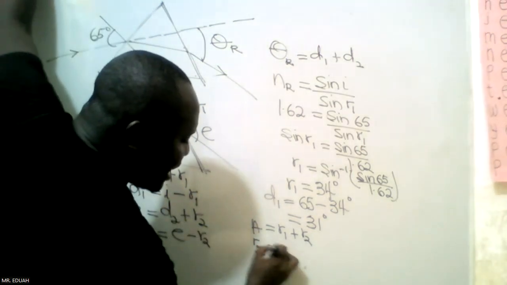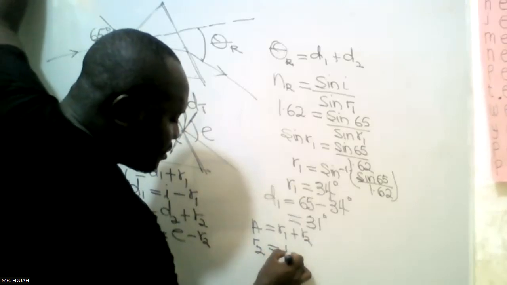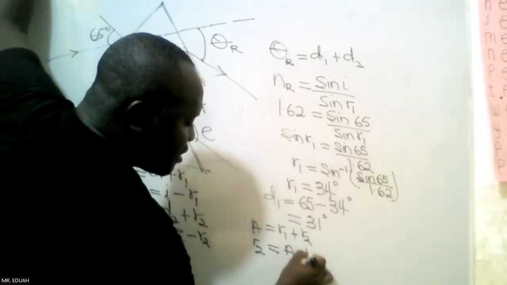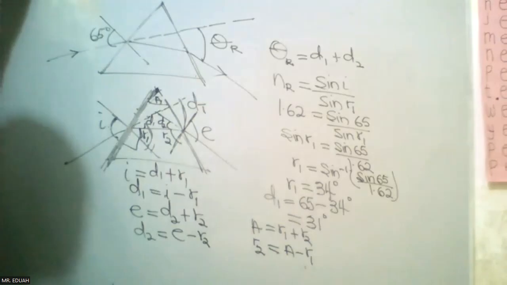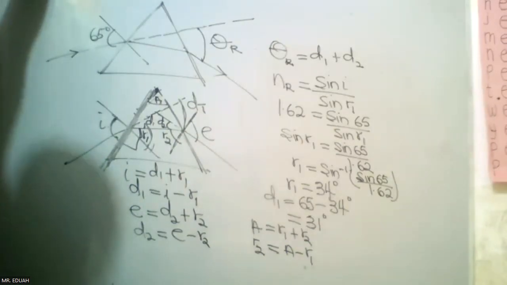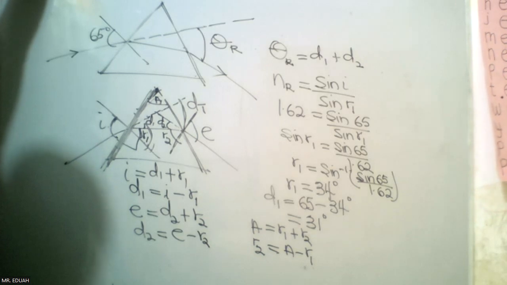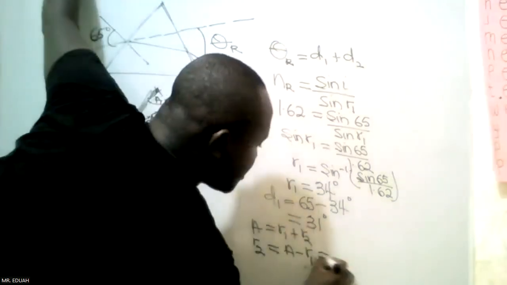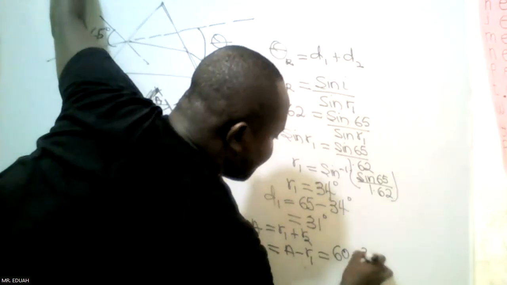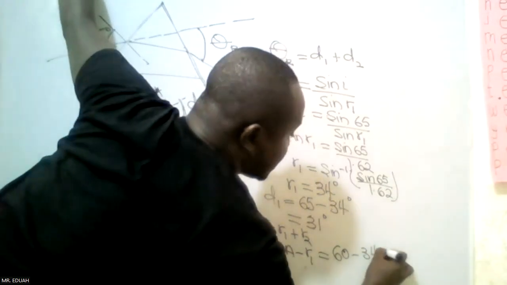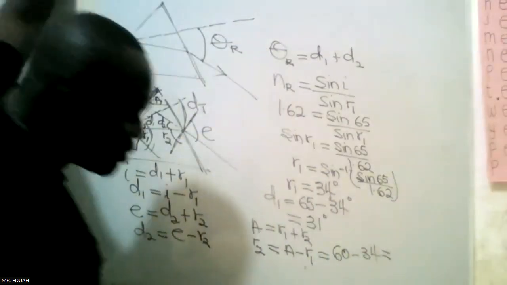Help me find R2. R2 will be 60 degrees minus 34 degrees. So 60 minus 34 is equal to what? 26 degrees.